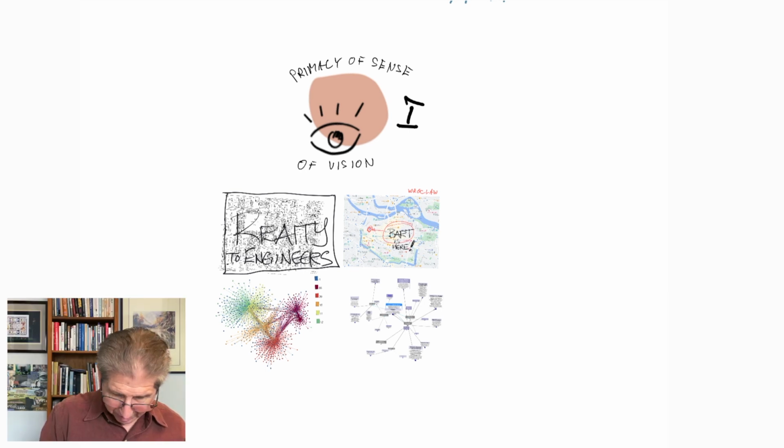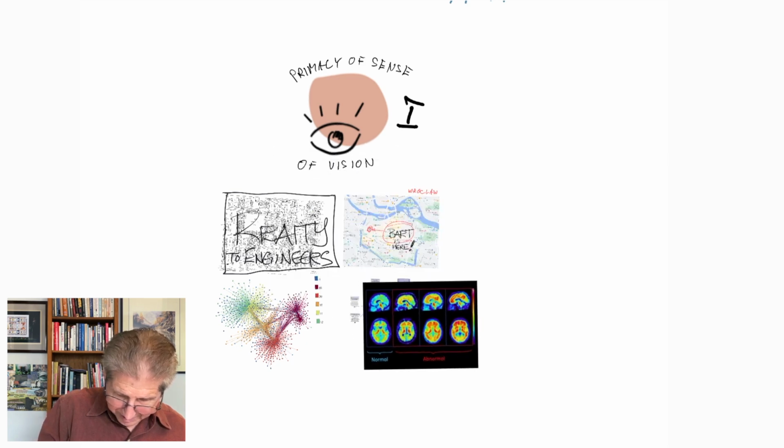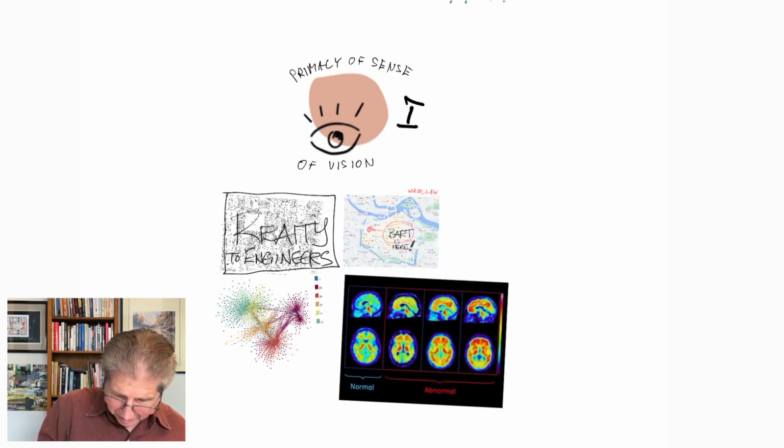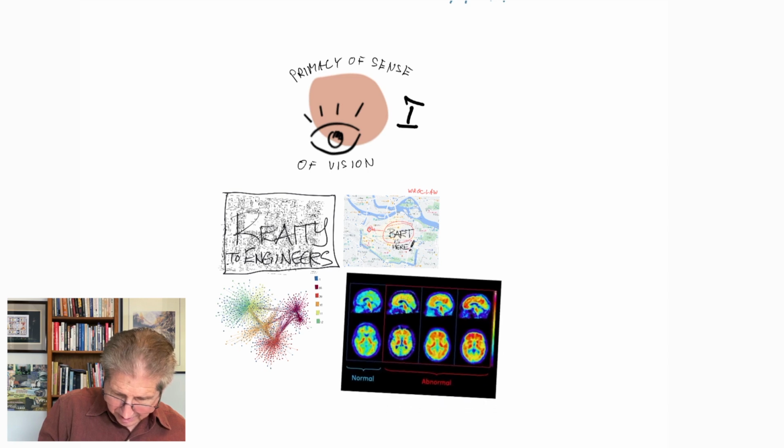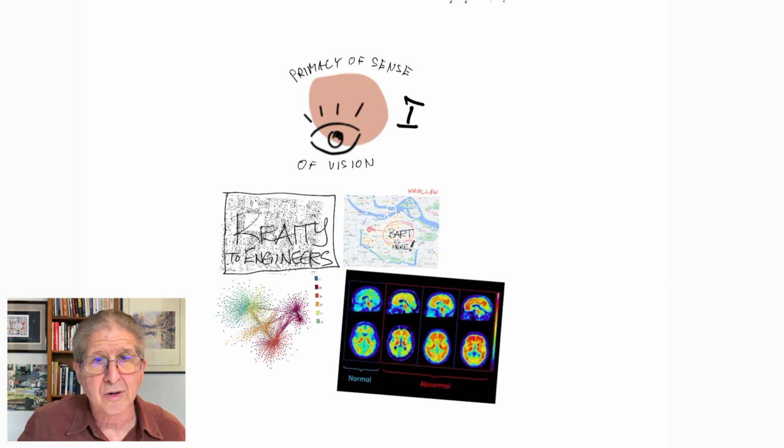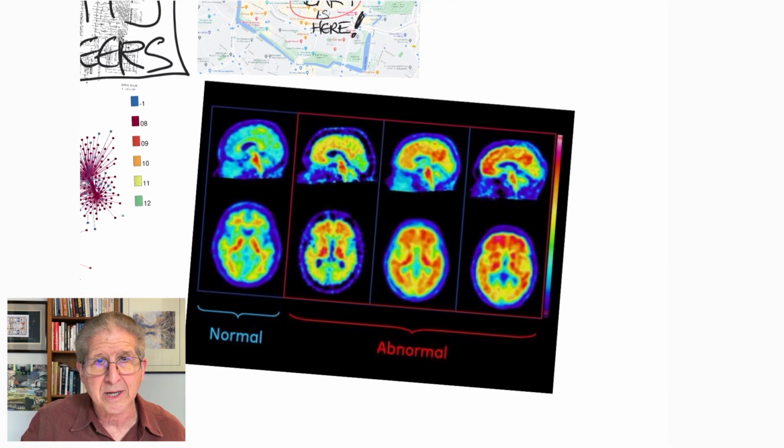And I want to just throw out this picture here, because this picture depicts the science that we now have in neuroscience, right? To actually track what's going on in the brain.